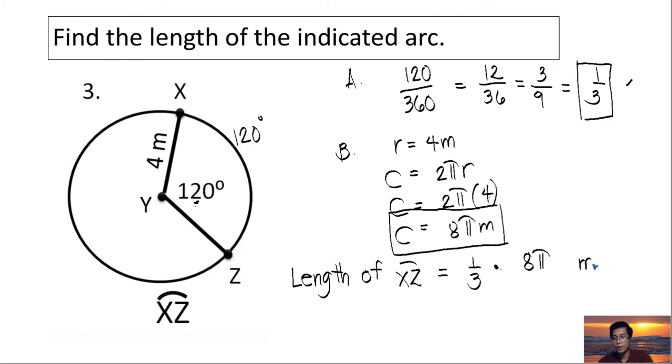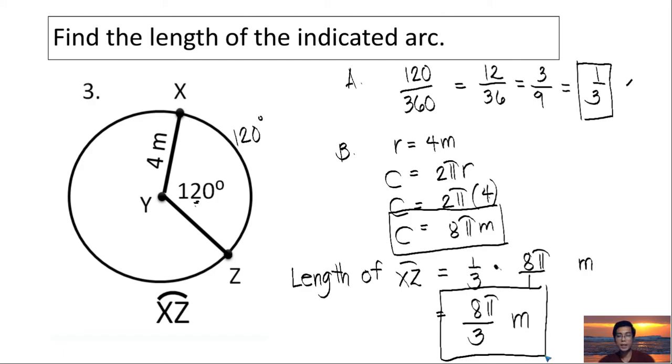So, si 8 pi, may denominator yan na 1. So, times mo lang, taas times taas, baba times baba. 1 times 8 pi is of course 8 pi. 3 times 1 is equal to 3. So, itong 8 pi over 3, wala naman ng lowest term yan. So, ang pinaka-length of arc niya is 8 pi over 3 meters.